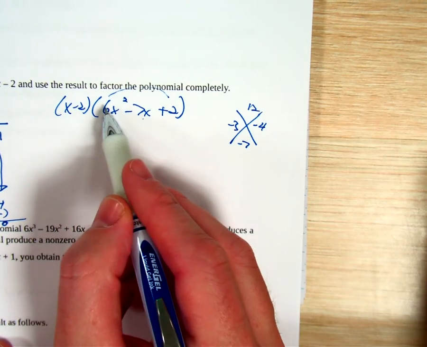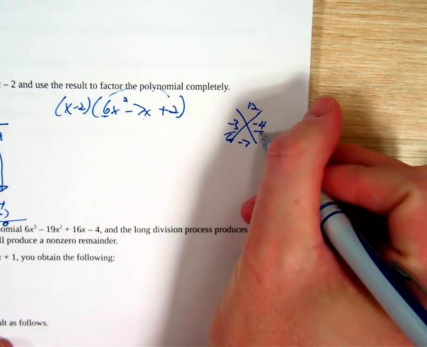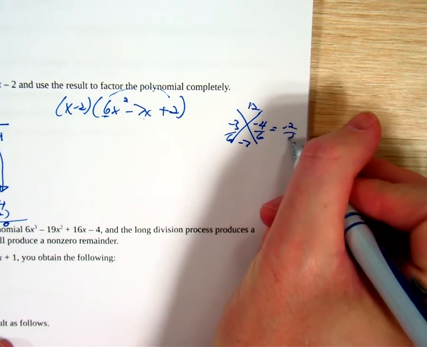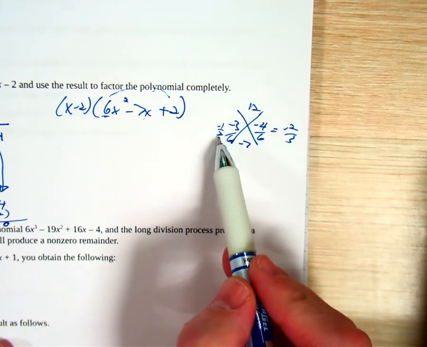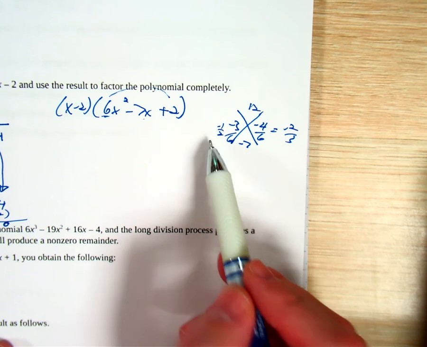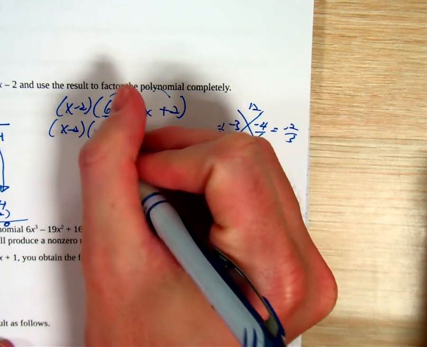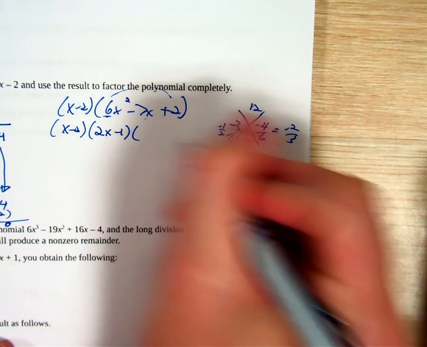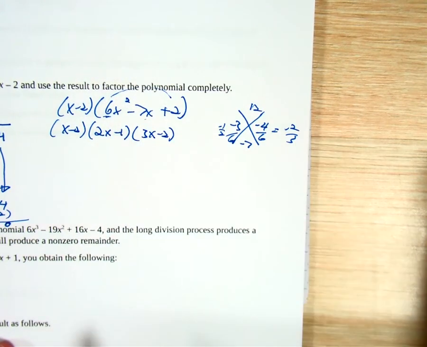Because I did front times back, now I have to divide by that front and reduce. Negative 2/3, negative 1/2. If they don't come out perfect, the bottom number slides up in front. x minus 2 times 2x minus 1 times 3x minus 2. And there it is.